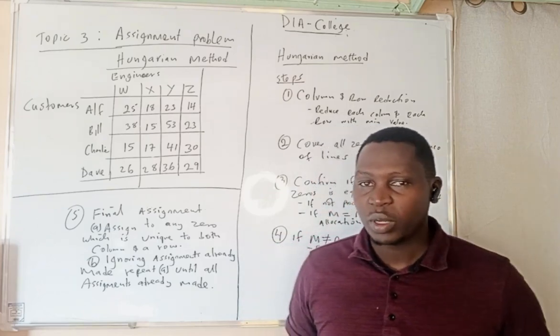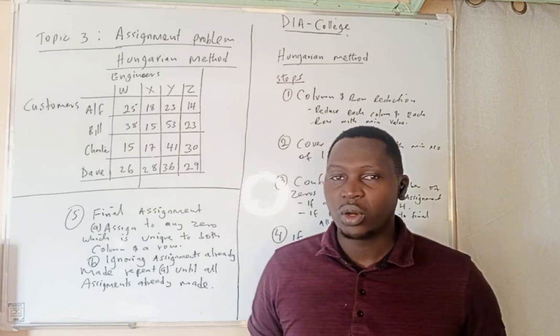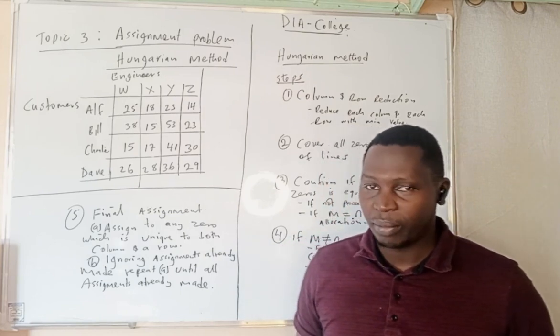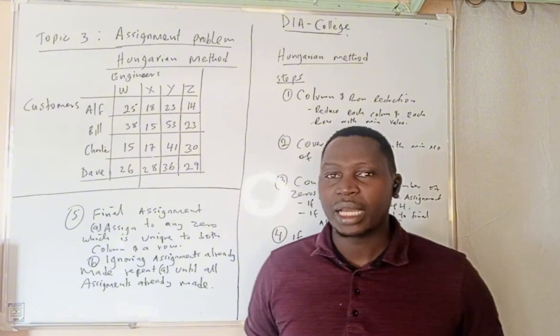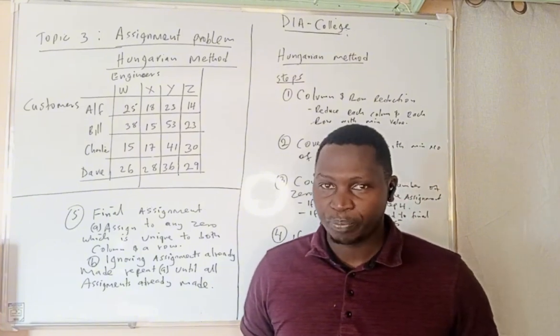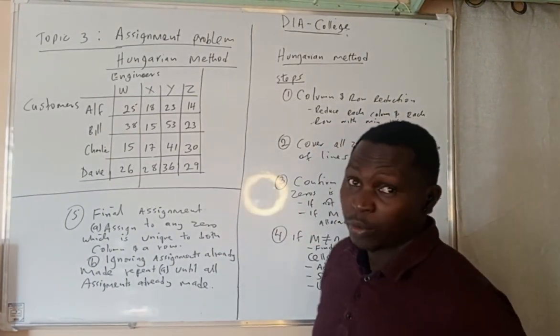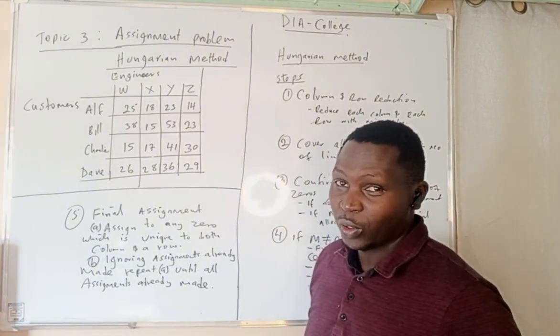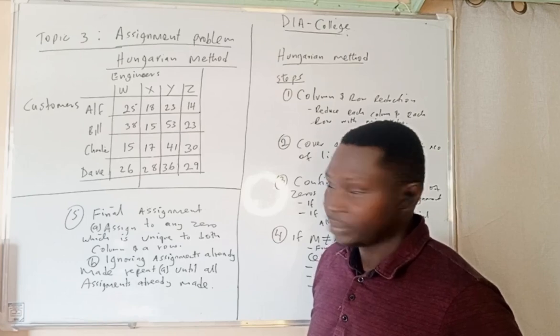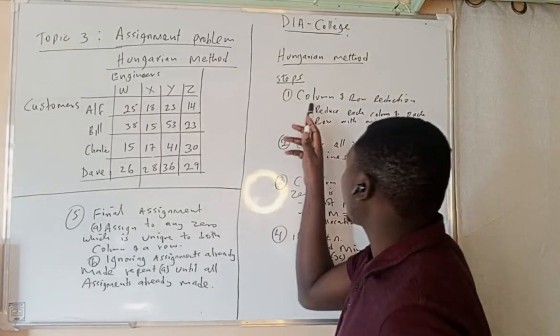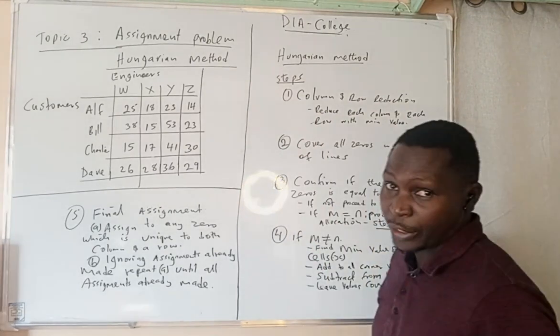To solve this problem, as I've said, we have to use the Hungarian algorithm. I'm going to take you through how it goes. In the Hungarian algorithm, we have 5 steps that we follow in solving the problem. The first step is column and row reduction.